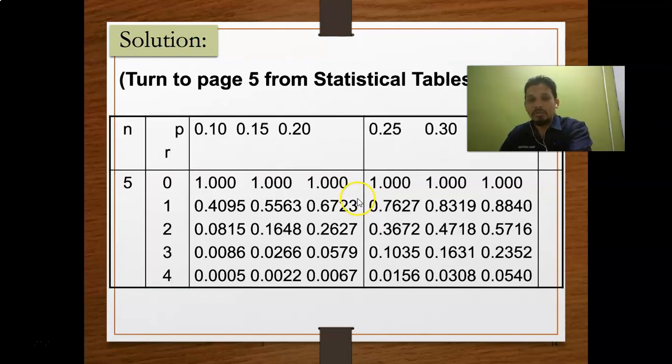According to the notes, we refer to the latest book here. It says to turn to page 5 of the statistical table. Page 5. What is the first question then? The probability of x greater than or equal to 3.